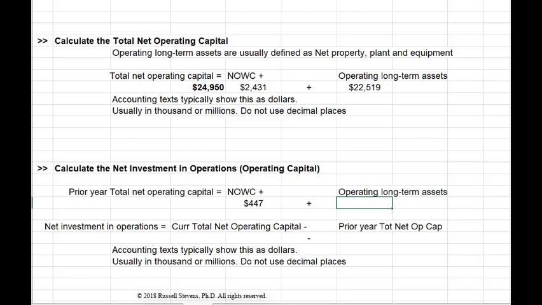The last year's operating long-term assets is much easier as it is right there on the balance sheet. Type in 22408. Add the two numbers as described in the calculation of the total net operating capital above.